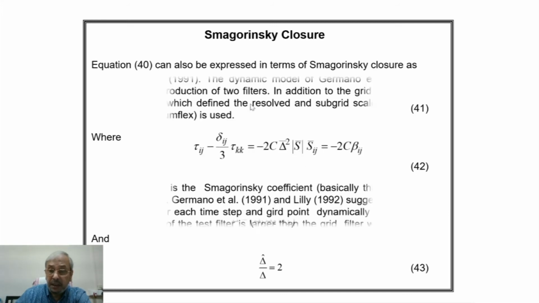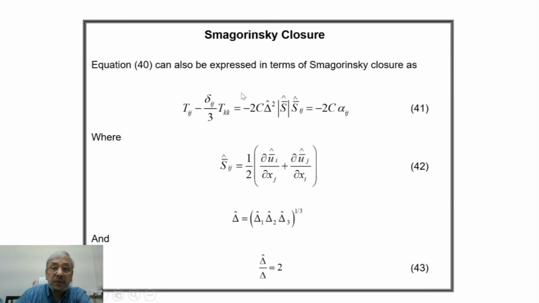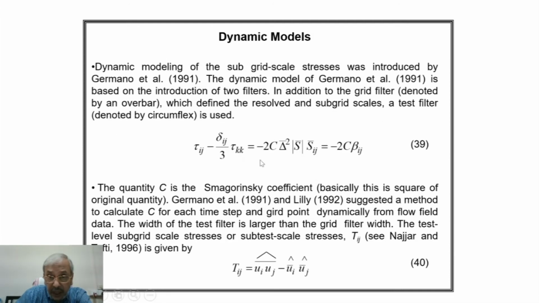Now equation 40 can also be expressed in terms of Smagorinsky's closure. So just the way we wrote the closure model here, Tij can be cast in a similar way.